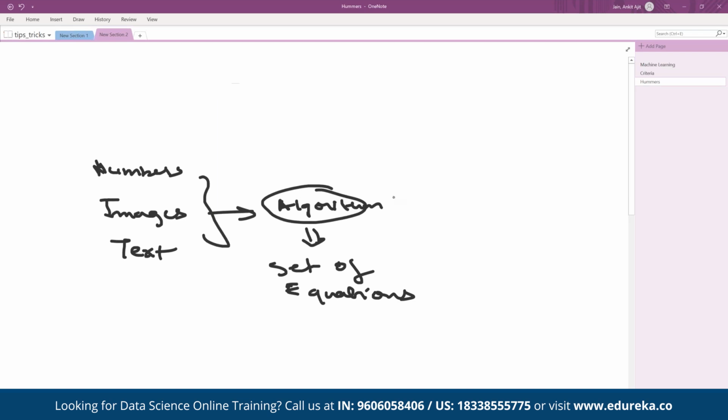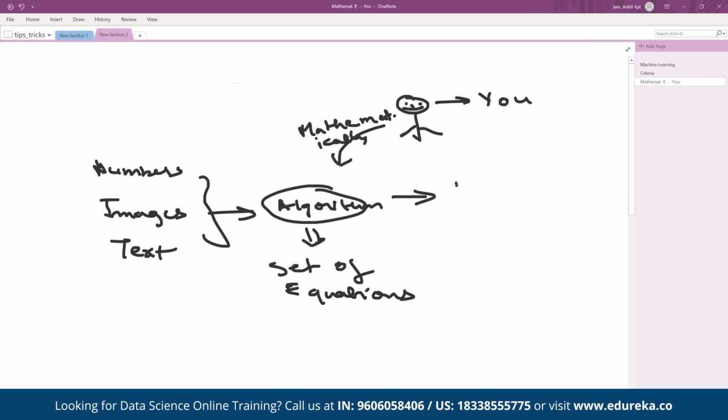When you tell the algorithm mathematically that from these numbers, images, or text, this is my area of interest, the algorithm will automatically understand what is the relevant part I need to learn from these different forms of data.